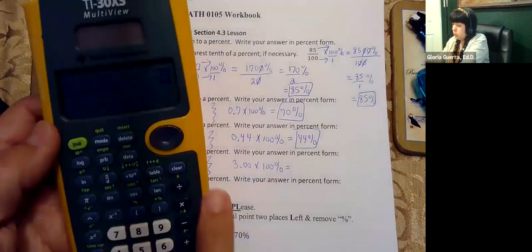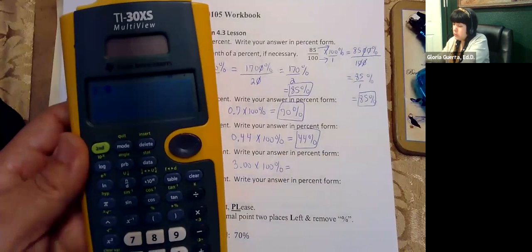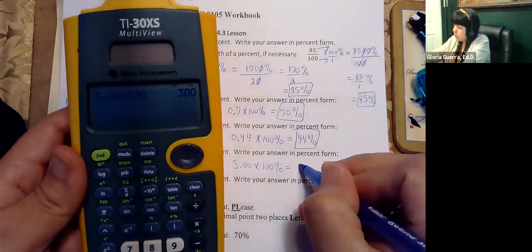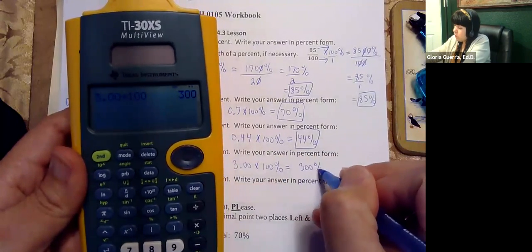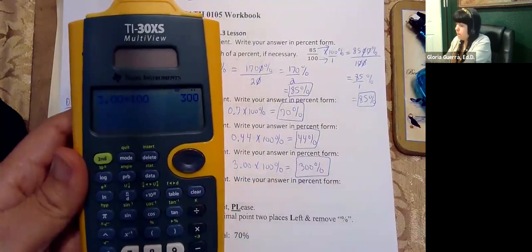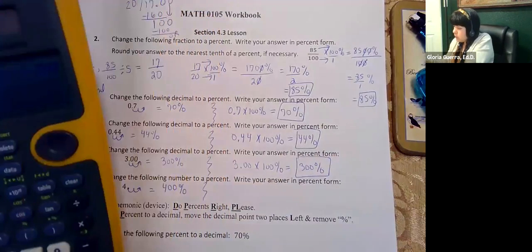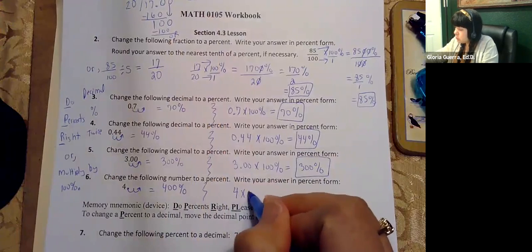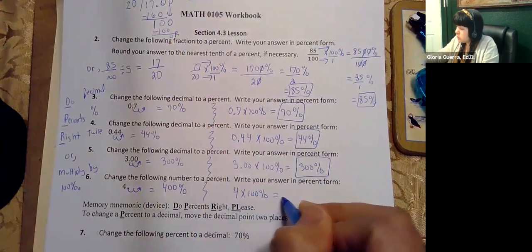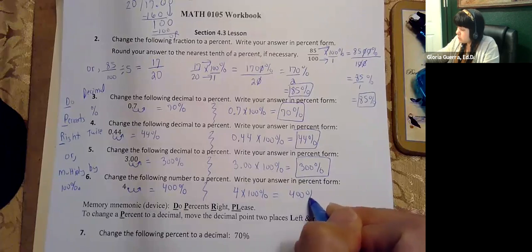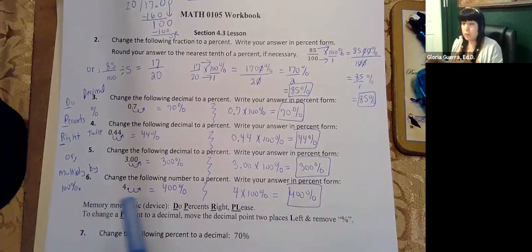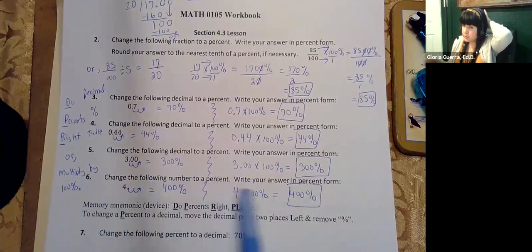So 3.00 times 100, it's 300%. And then the other one is 4 times 100%. That's just 400%. Okay. So either or is fine, but you see we're getting the same answers, okay?